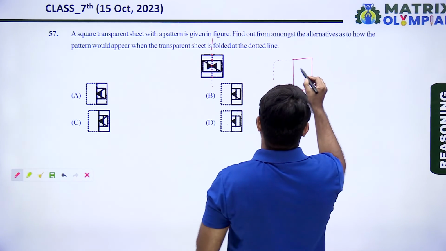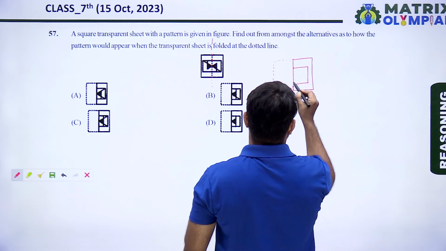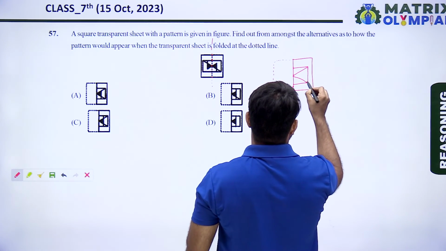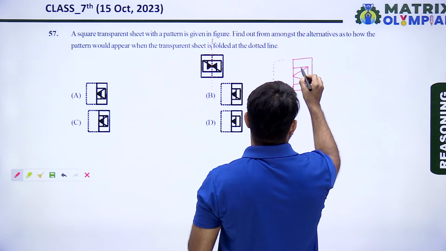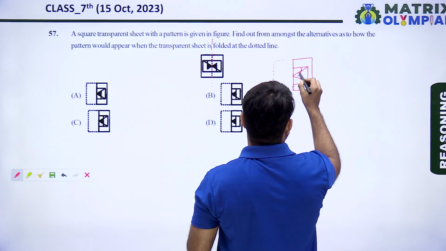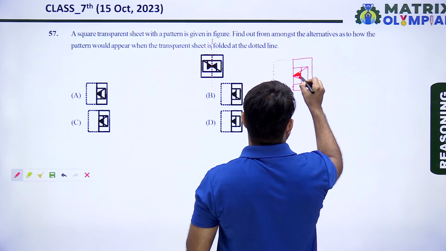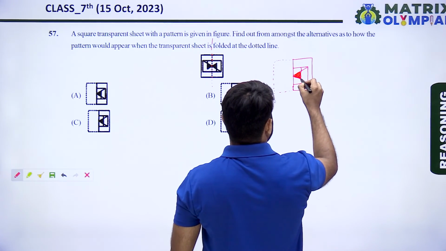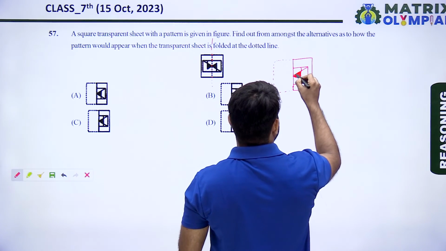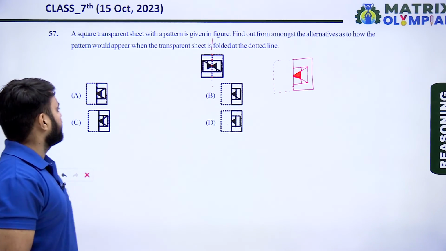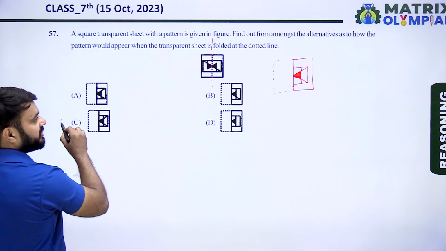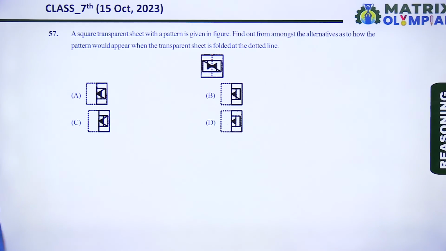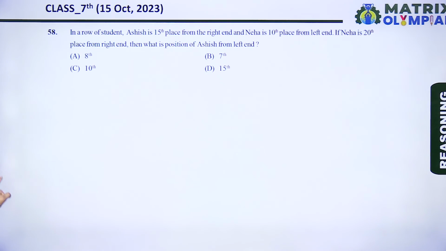Then we will get the image like this. So it means option C is the correct answer of this question. So let's move on to the next question. So the next question is question number 58.